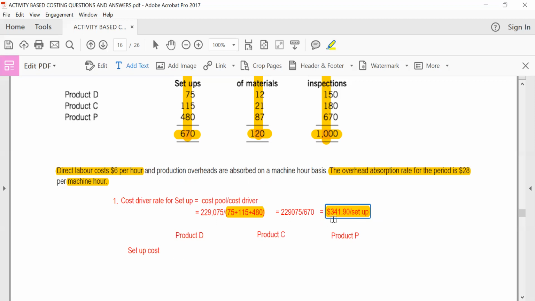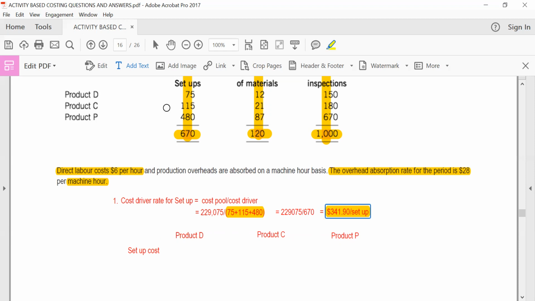That will be for product D. 341.90 will be used to multiply 115 for product C. 341.90 will multiply 480 for product P. So the same denominator which you use to get the answer, you use the answer to come and multiply back the denominators. I actually divided: 75 plus 115 plus 480 gave me 670, and that gave me 341.90. After getting my answer, 341.90, I have to come back and use it to multiply the individual denominators.